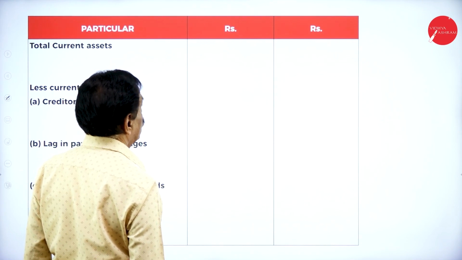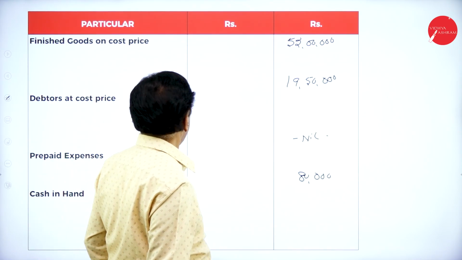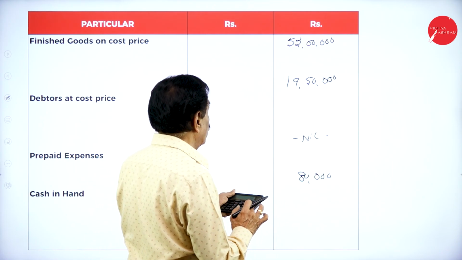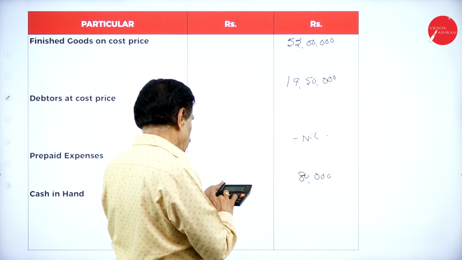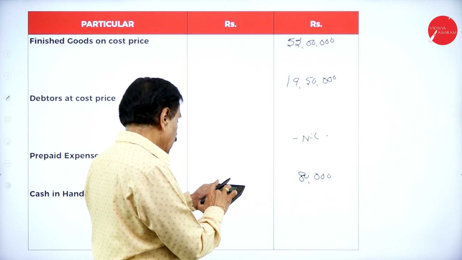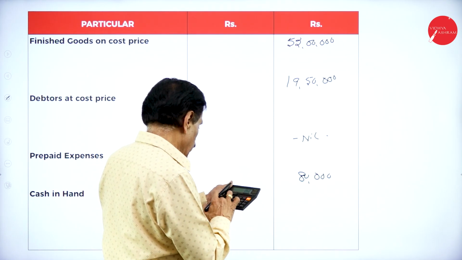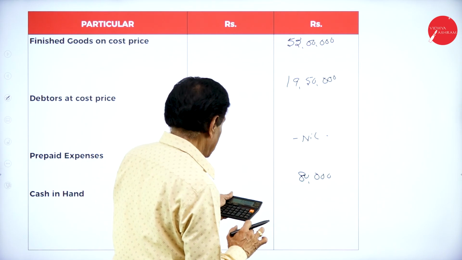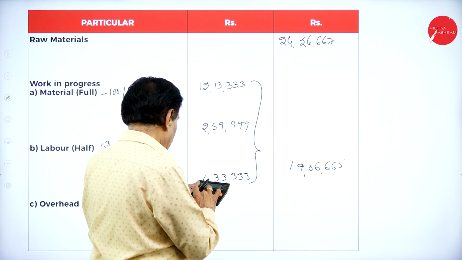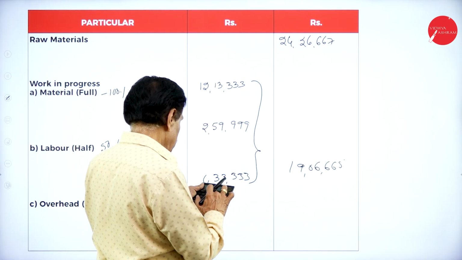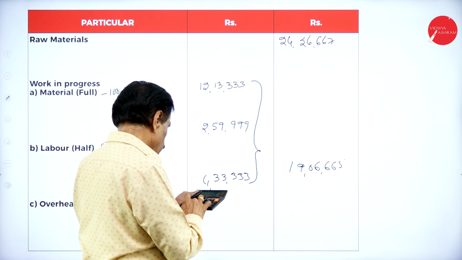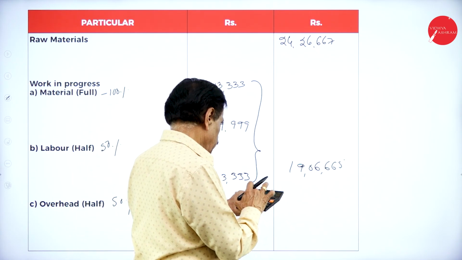Then total current assets. So we'll go with one by one. 52 lakh plus 19 lakh 50,000 plus 80,000, then 24 lakh 26,667 plus 19,06,665.